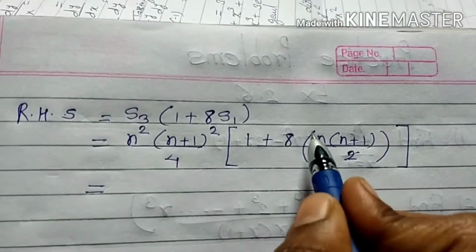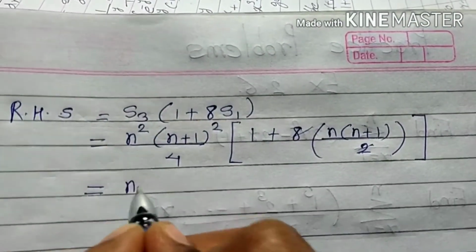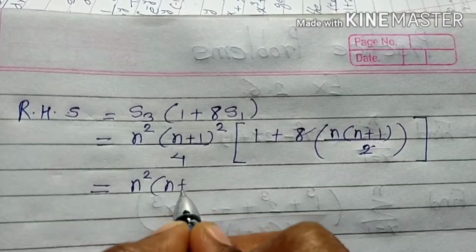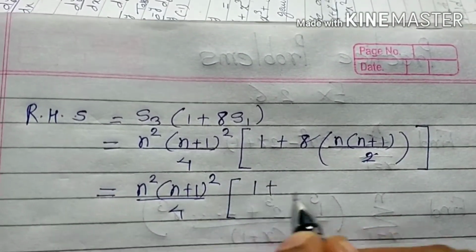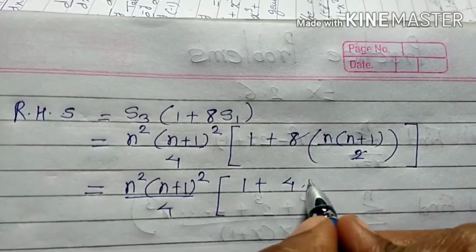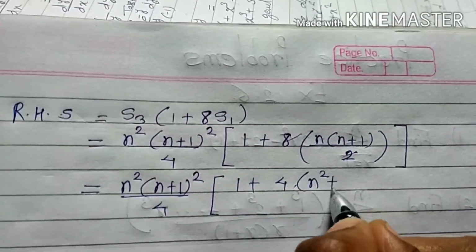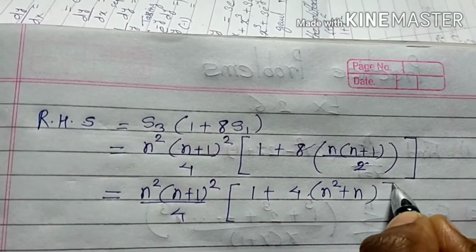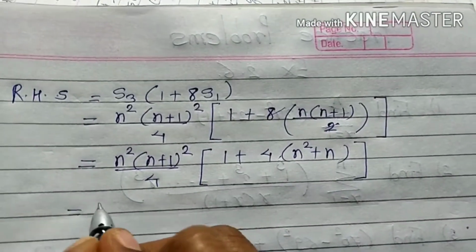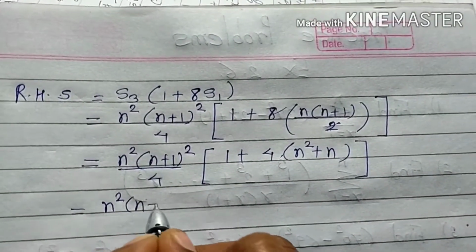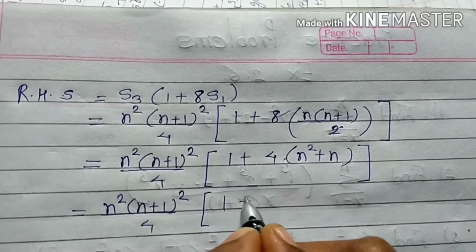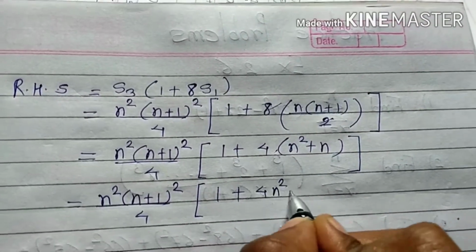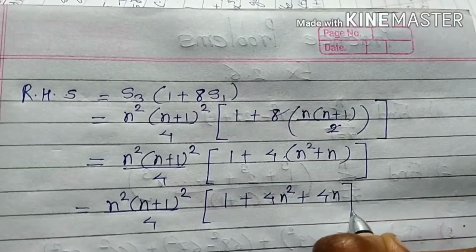Now the 2 and 4 cancel, so it is n square into n plus 1 square upon 4, into 1 plus 4 into n square plus n. Now next, n square into n plus 1 square upon 4, and this term is 1 plus 4n square plus 4n.